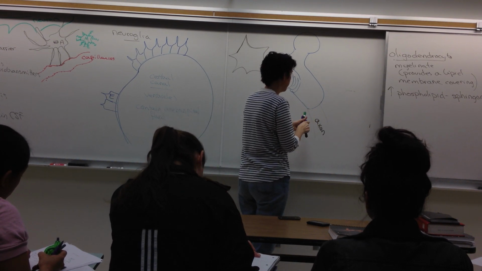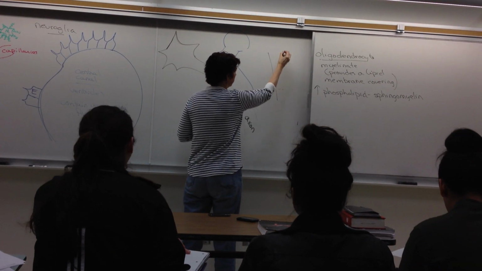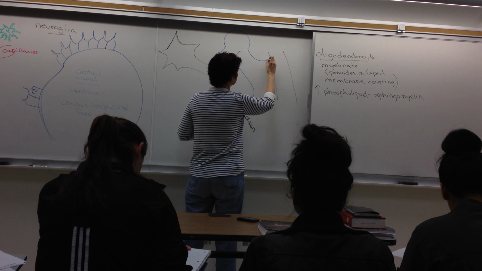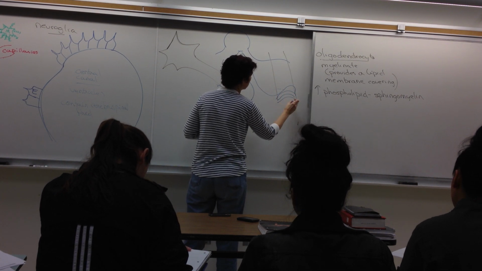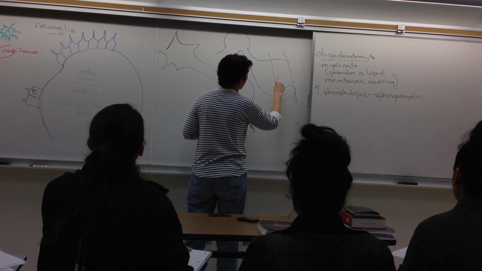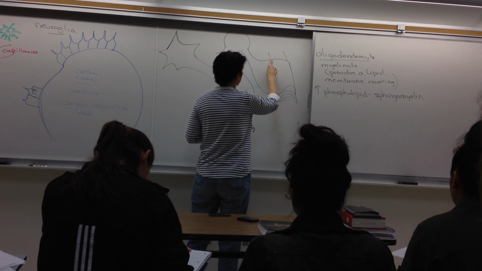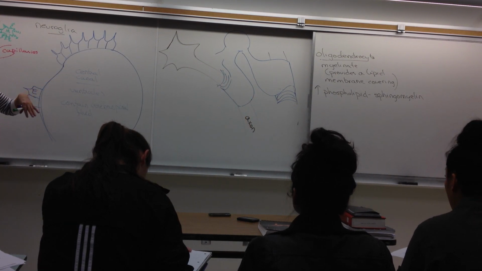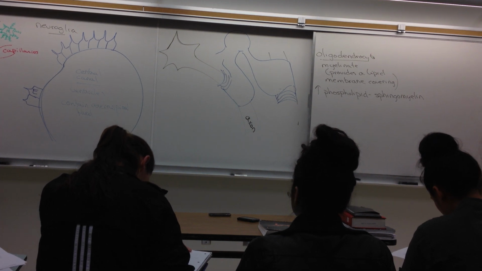It might send another process to another axon of a different neuron, and wrap around that one. So one oligodendrocyte will send out multiple processes that will wrap around multiple neurons.